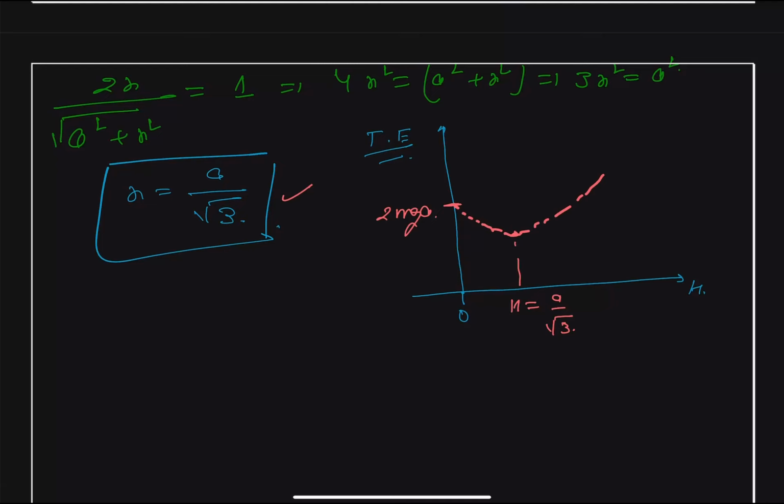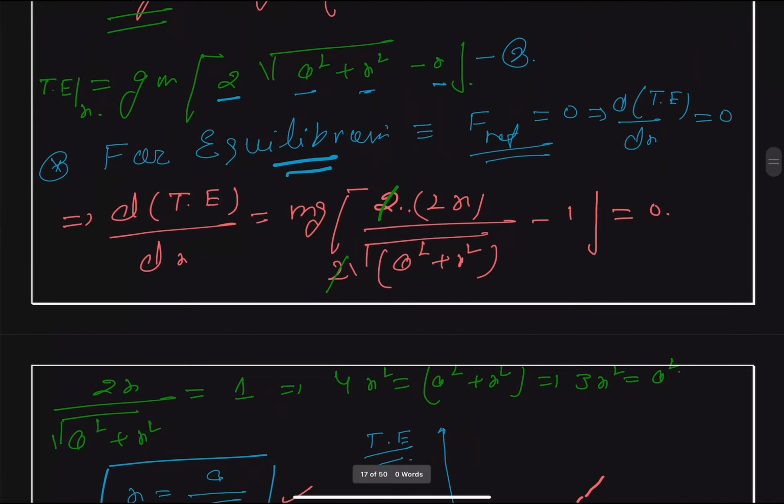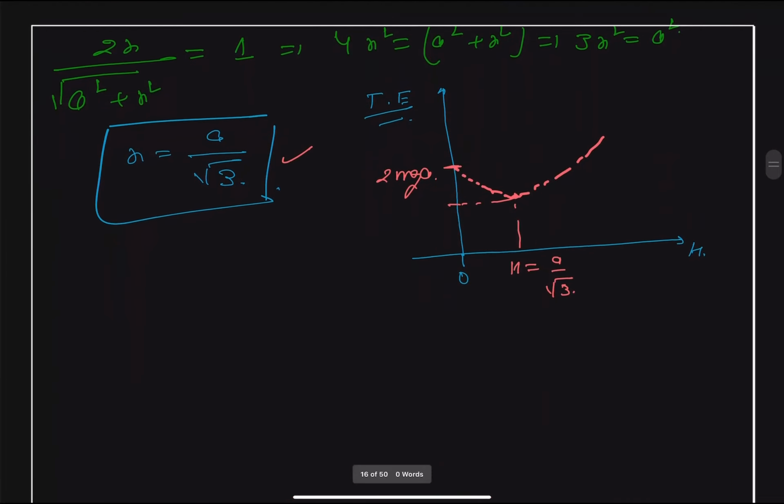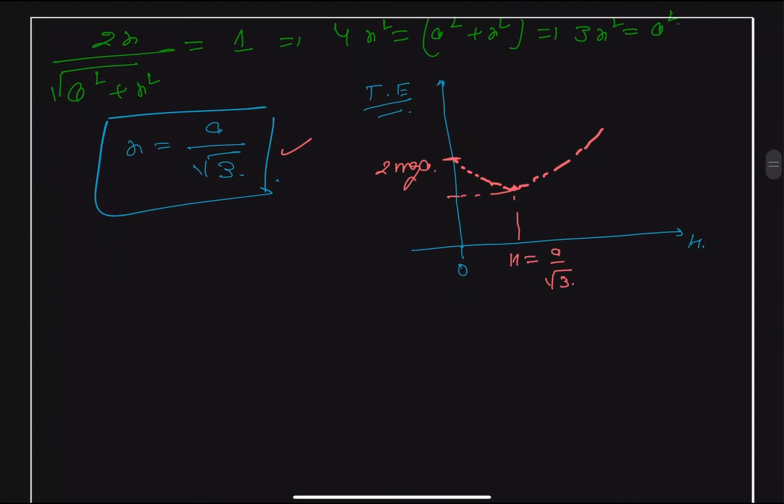Okay, and we can also find out this point by substituting x is equal to a by root 3 in equation number 2, and this gives us that the energy for this particular point will be equal to root 3 mga.